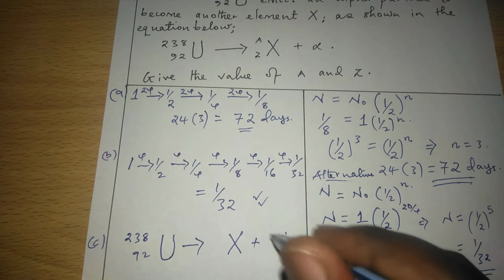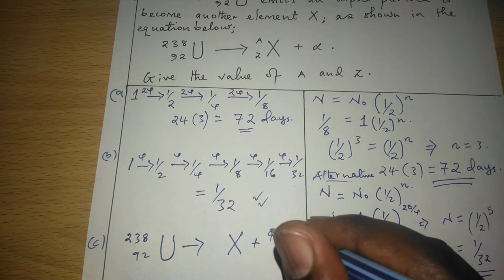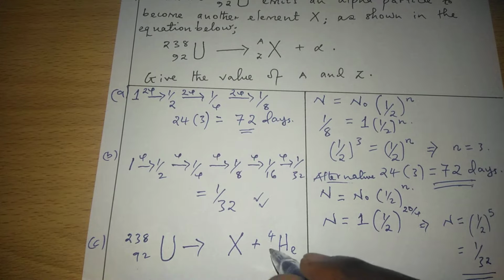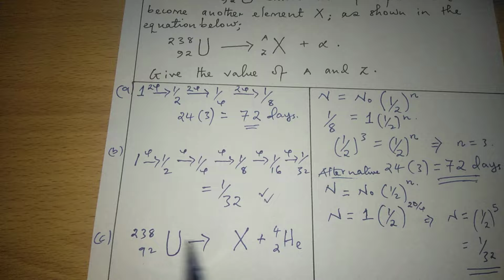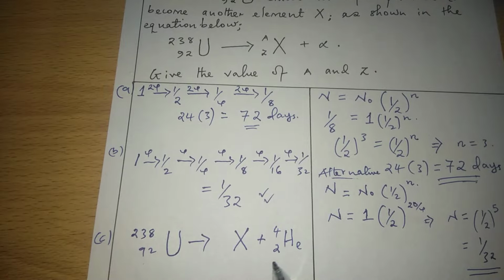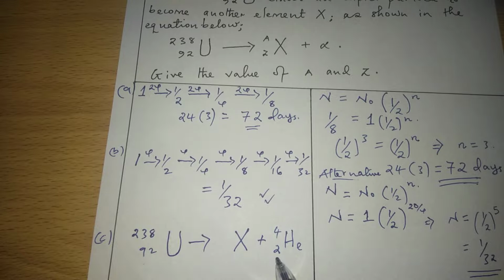A helium particle is written with a mass number of 4 and an atomic number of 2, such that the element has lost 4 in the mass number and 2 in the atomic number.